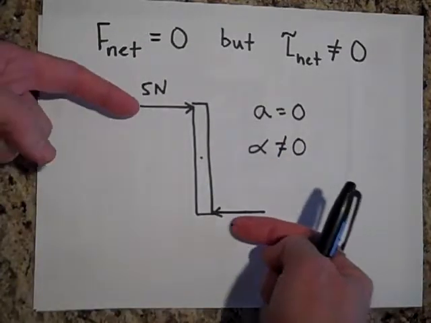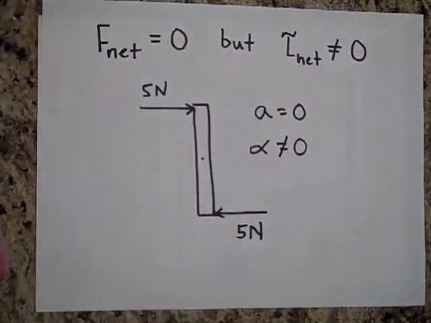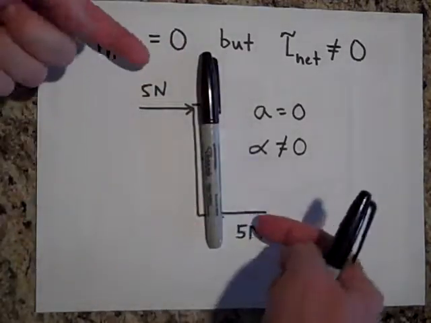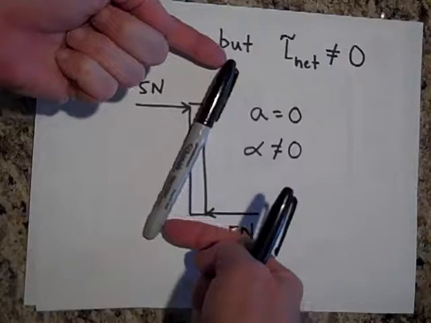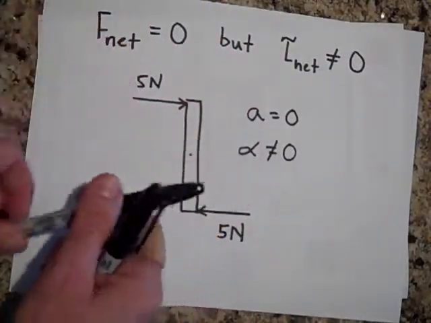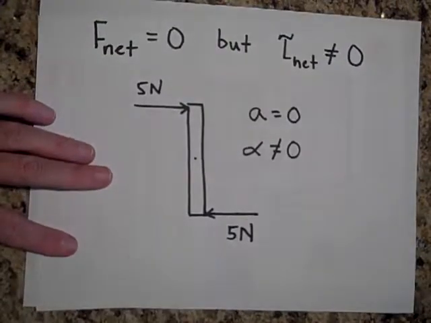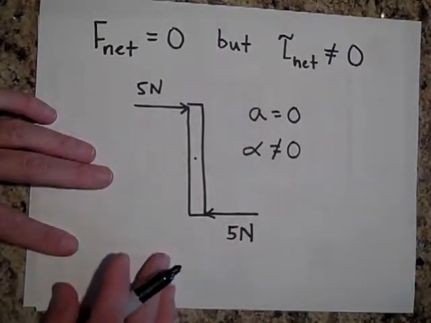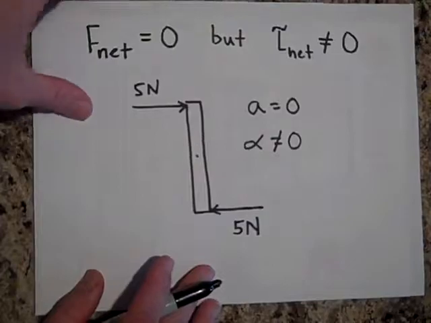Because can you imagine pushing on something two ways? If I push 5 newtons and 5 newtons, this thing is going to spin. The center of mass will stay put, but it will have an alpha. It will start to rotate.